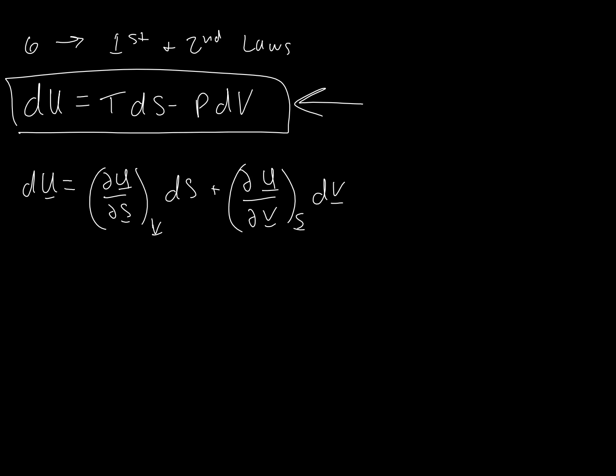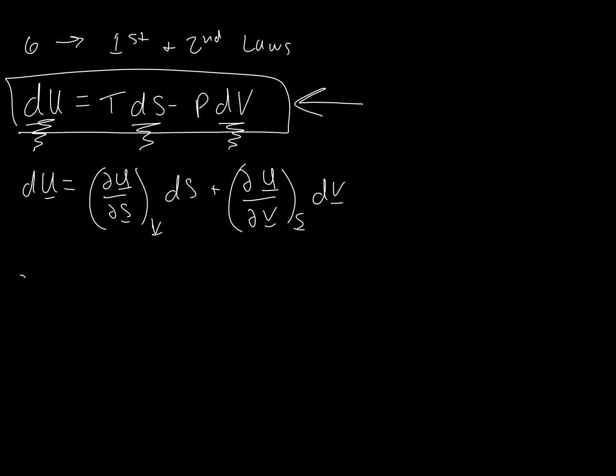But the whole reason why we did this is we have the internal energy, which is an important quantity, in terms of the entropy and the volume. That's not terribly useful for us. So the whole point was to take the first and second law, which is the foundation for all of thermodynamics, and transform it into new variables that we can actually use and manipulate in the real world, variables that we can easily measure.